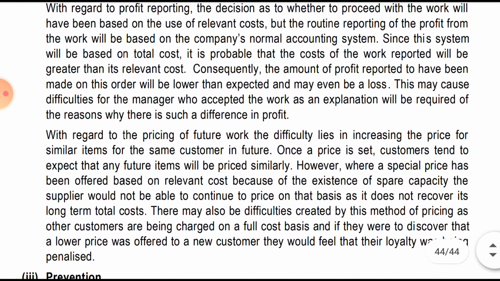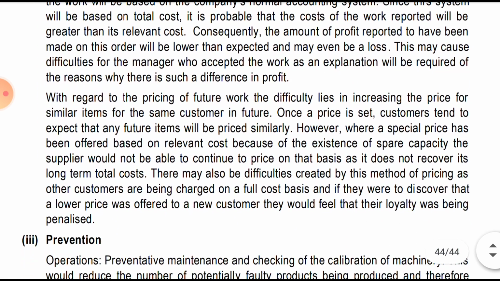Then second, with regard to the pricing of the future work, the difficulty lies in increasing the price for similar items for the same customer. Once the price is set, customers tend to expect that any future item will be priced similarly.